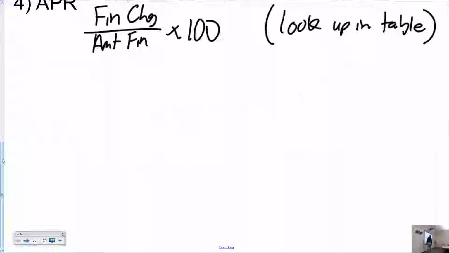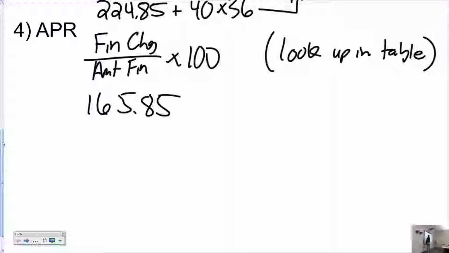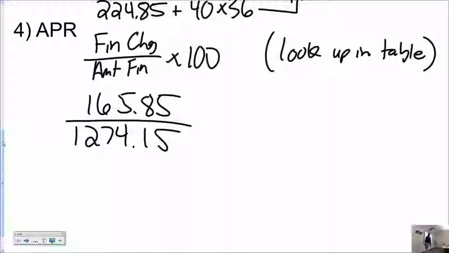So, what was my finance charge? $165.85. How much did I borrow? $1,274.15. Multiply by 100. Always round this to 2 decimal places, folks, because that's what the table does.